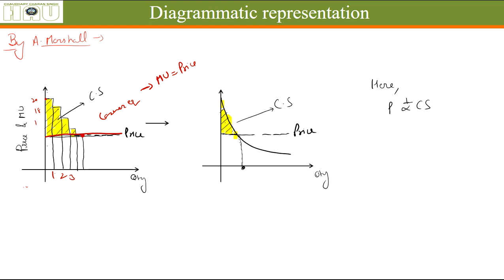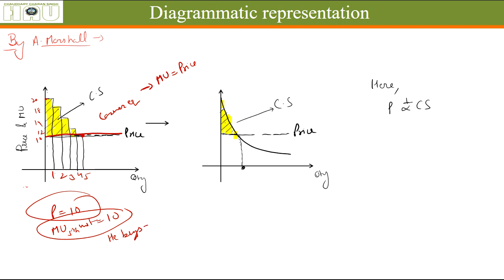Third one 14, fourth one 12, fifth one 10. Price is equal to 10 and the marginal utility of the fifth unit is equal to 10. So he buys the first, second, third, fourth and fifth units. He is not going to buy more than 5 units.